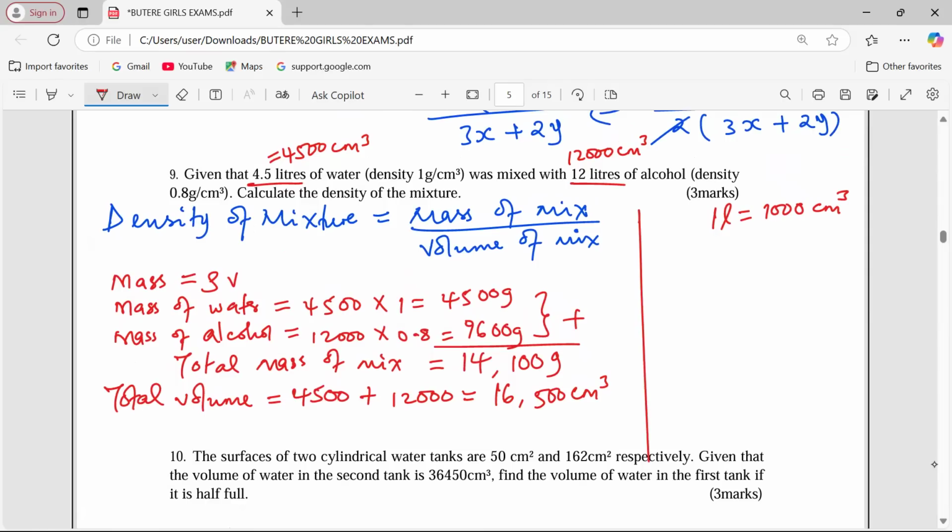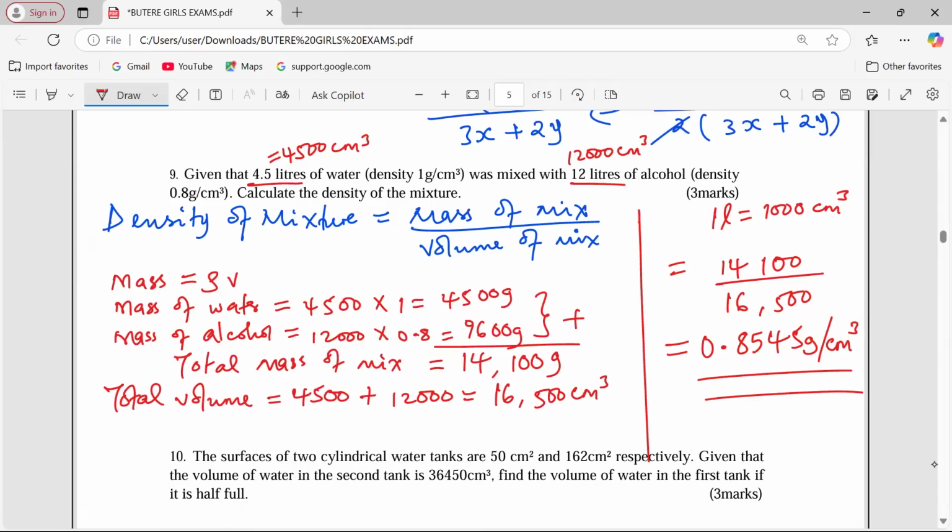So we substitute in the first formula here. Total mass is 14,100 out of 16,500. So when we divide 14,100 by 16,500, we get 0.8545 grams per cubic centimeter.